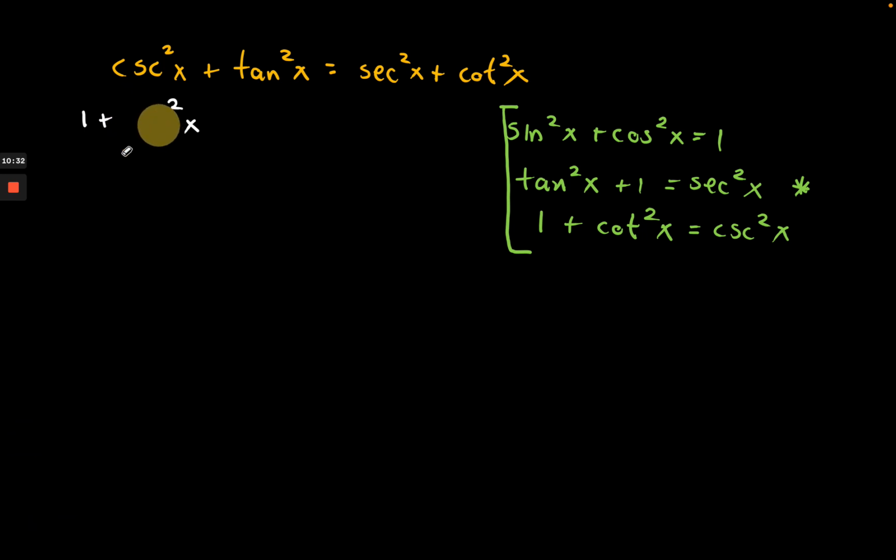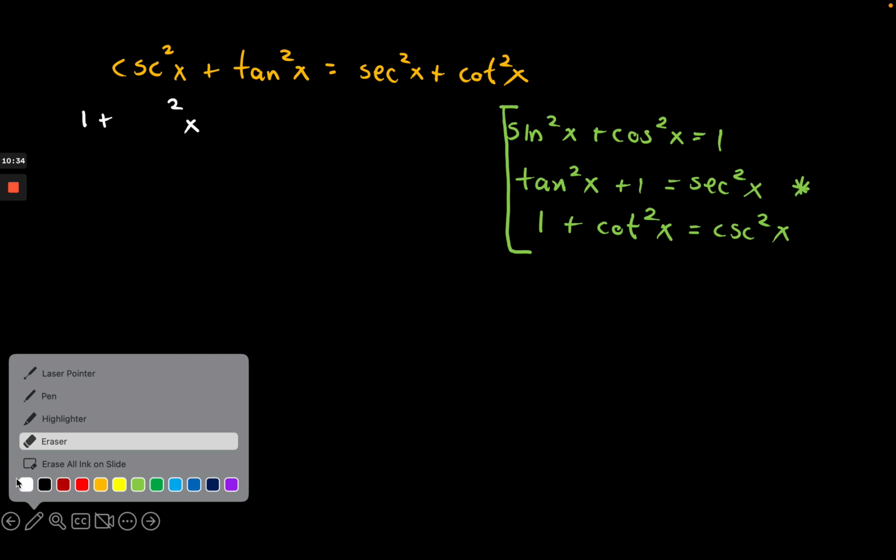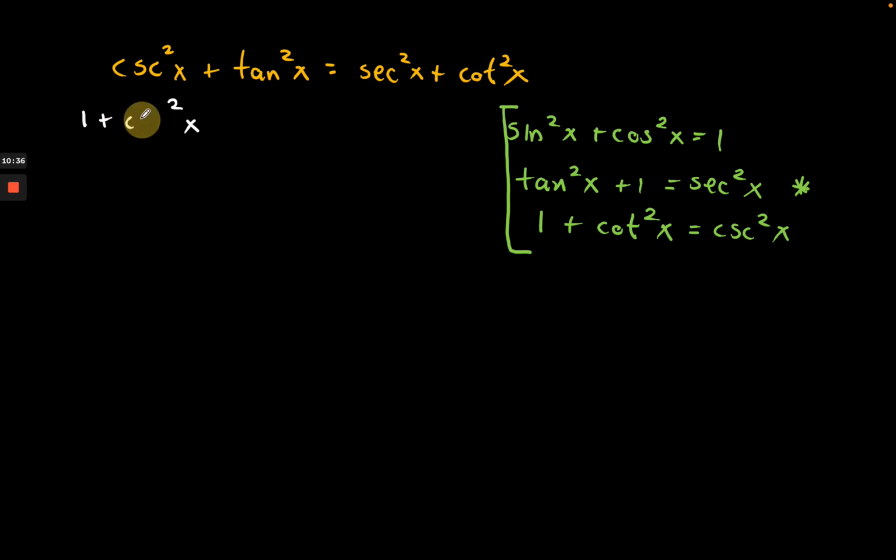Sorry about that. And then we have plus tangent squared x. I don't know if that's going to help me or not. Okay, so do you see it? It just kind of jumped out at me.